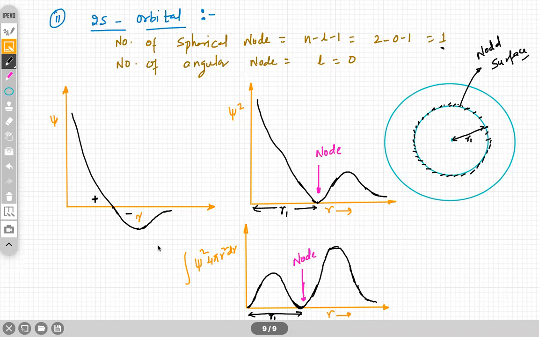I didn't get you. Why will the max probability be high when r is more? No, sir. When r is less, when the shell is closer to the nucleus, the probability of finding the electron will be more than when the shell is farther from the nucleus, right? So shouldn't the peak be opposite? No, it's the other way. As you go closer to the nucleus, the probability decreases because an electron cannot be present in the nucleus.